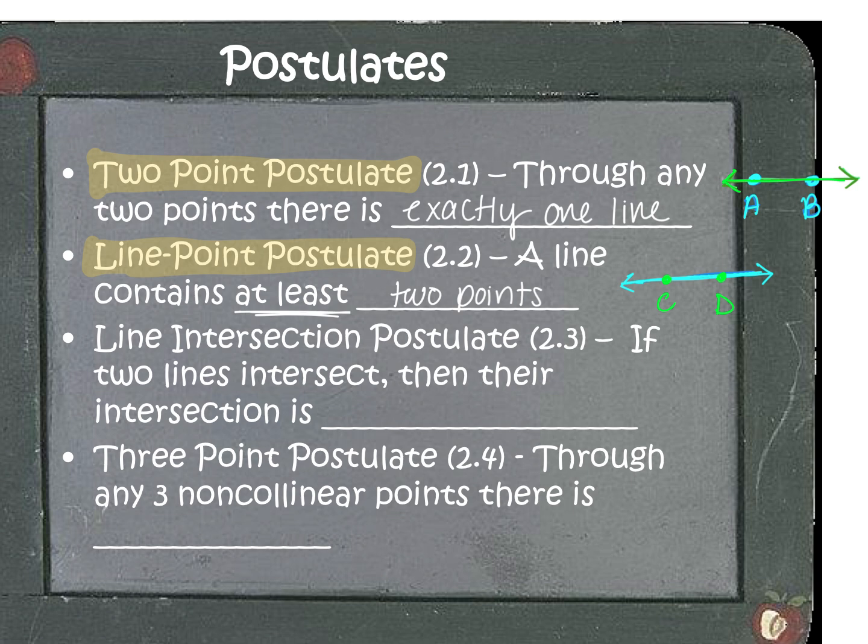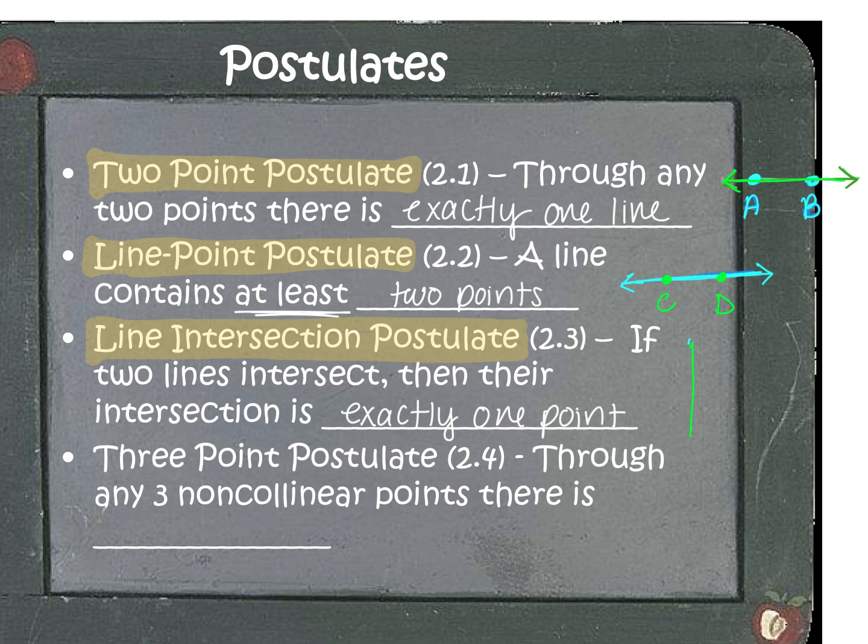Looking at the next postulate, I have the line intersection postulate. Okay, exactly what it says. I have 2 lines. So if 2 lines intersect, then their intersection is exactly 1 point. So again, I'm drawing my 2 lines.